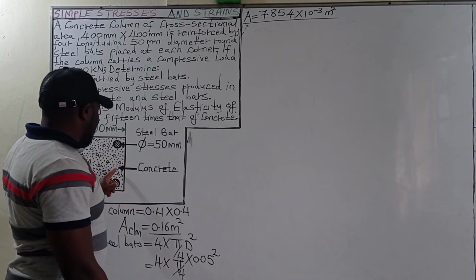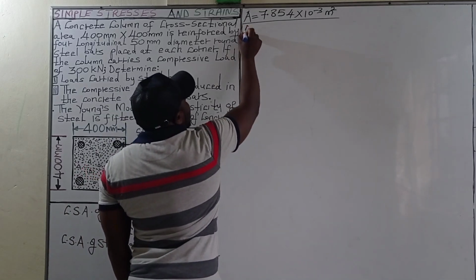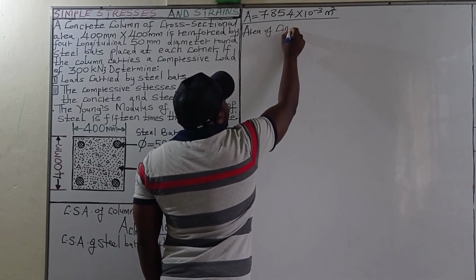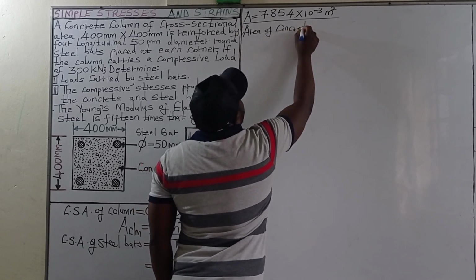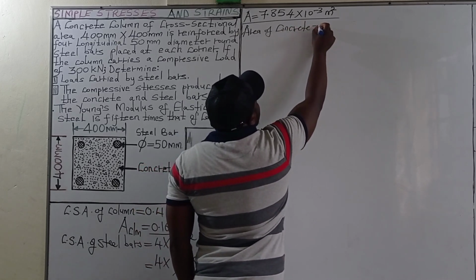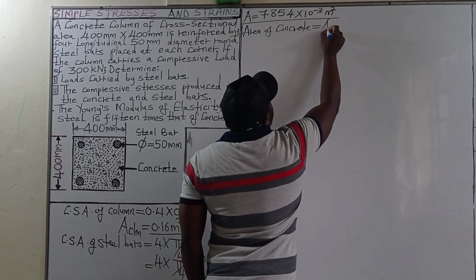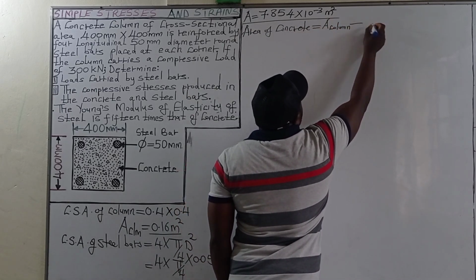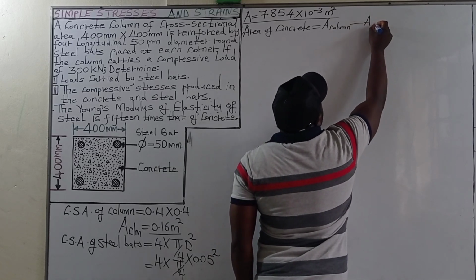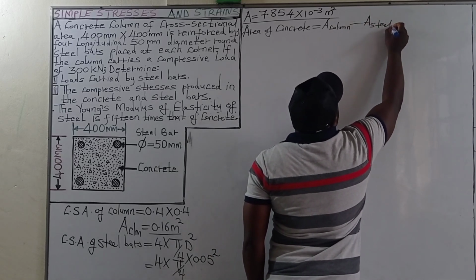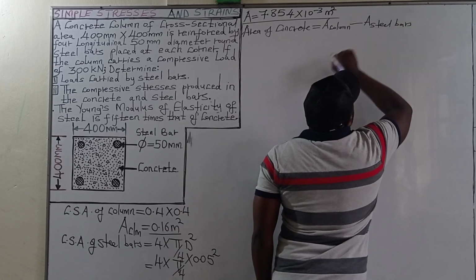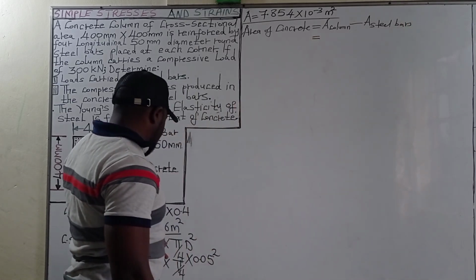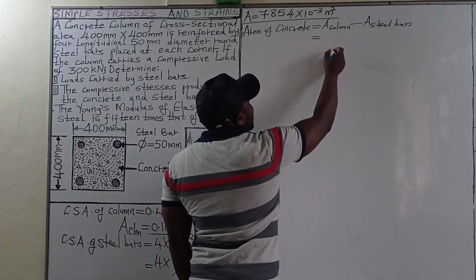So to get the area covered by concrete, we are going to take the cross-sectional area of the column and subtract the cross-sectional area of the steel bars. The cross-sectional area of the column is 0.16 square meters.